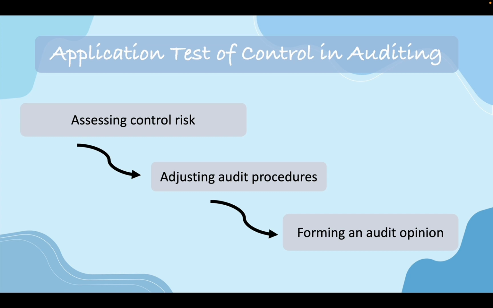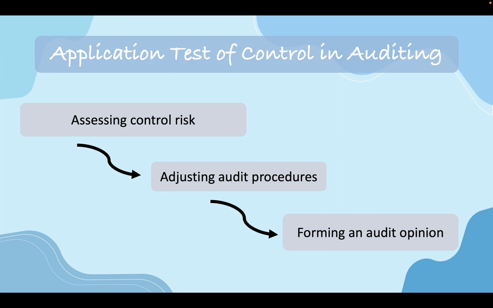Based on the result of the control test, auditors reassess the control risk. If the control appears to be effective, control risk may be low and auditors may rely on it. If issues are significant, control risk may remain high, leading to an increase in substantive testing.